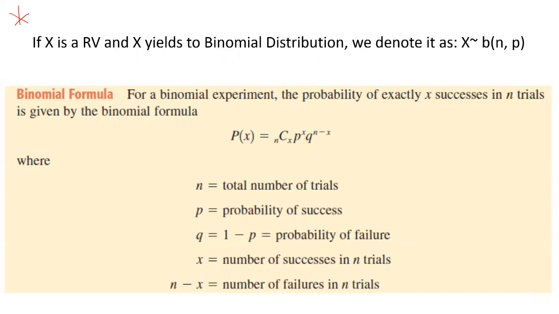For a binomial experiment, the probability of exactly x successes in n trials is given by the binomial formula. The probability of x is C(n,x) p^x q^(n-x), where n is the total number of trials, p is the probability of success, q is 1 minus p, that is the probability of failure. x is the number of successes in n trials. n minus x is the number of failures in n trials.